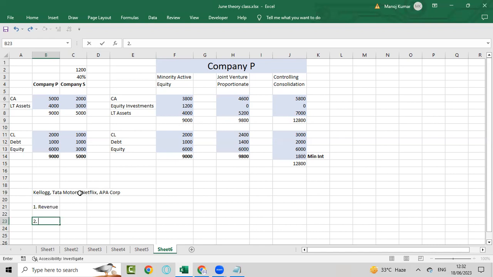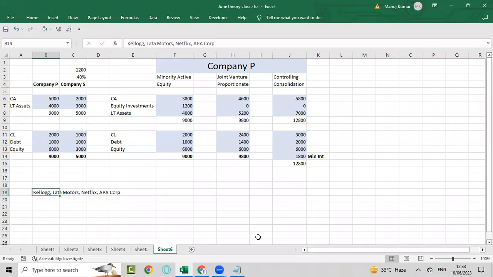If you make one model, you should be able to forecast 60 to 70% of items of all the companies yourself without assistance. 20-30% of items other than revenue, you will find are different, so you will have to study and understand them. Clear? So out of these 4, one model will be covered. I was thinking of leaving Kellogg's from now.